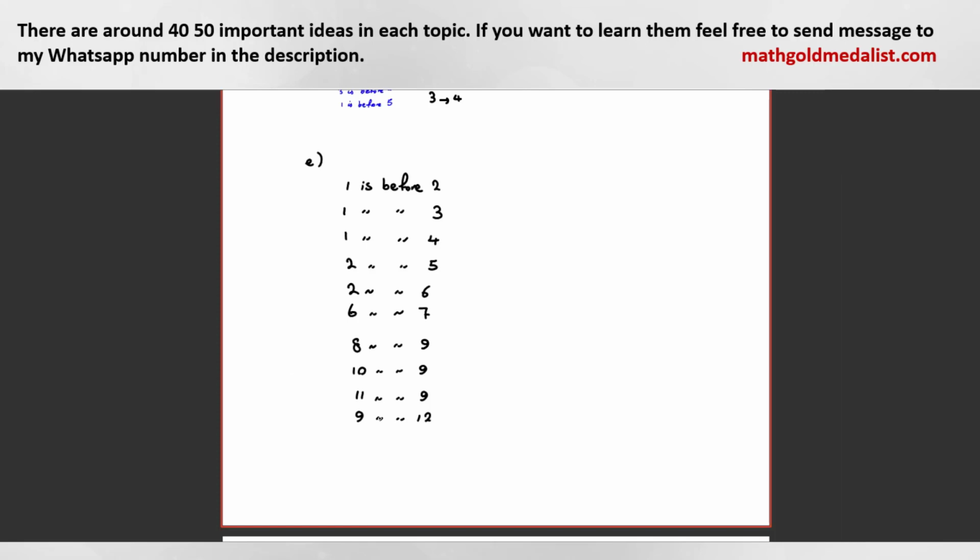Let me summarize: 1 before 2, 3, 4; 2 before 5, 6; 6 before 7; 6 before 13; 3 is before 14; 3 is before 15. Now try to solve this problem, where our numbers are 1 to 15.